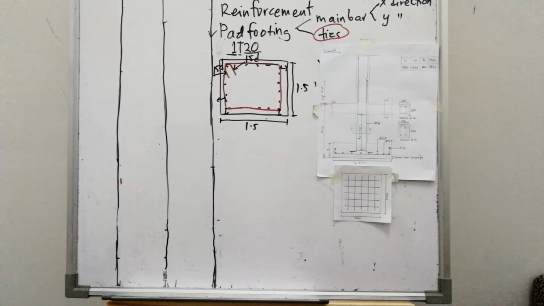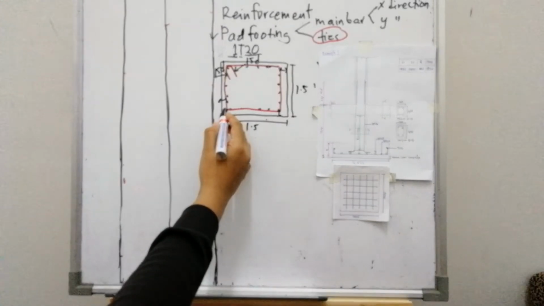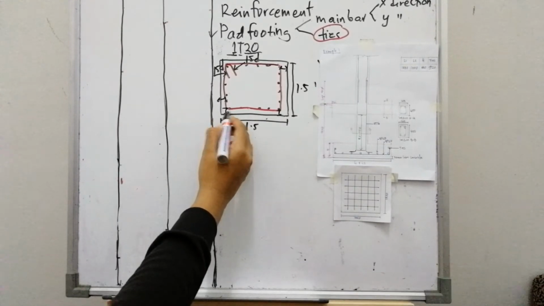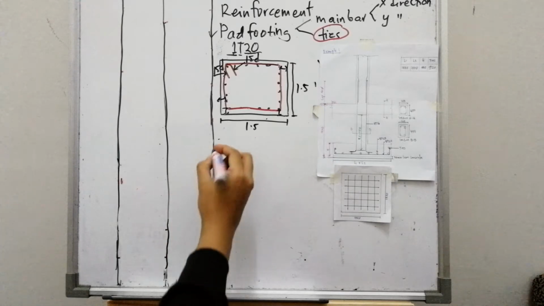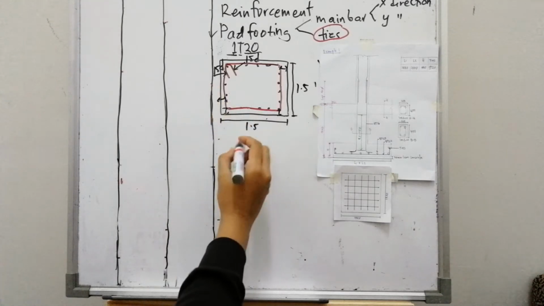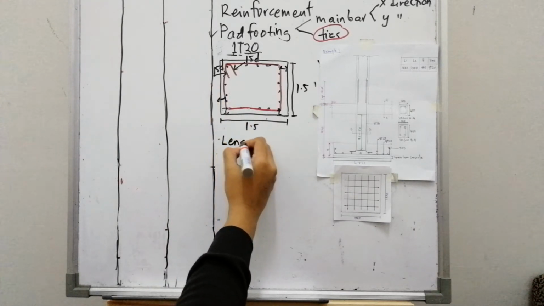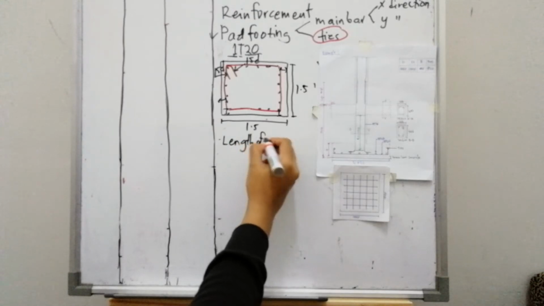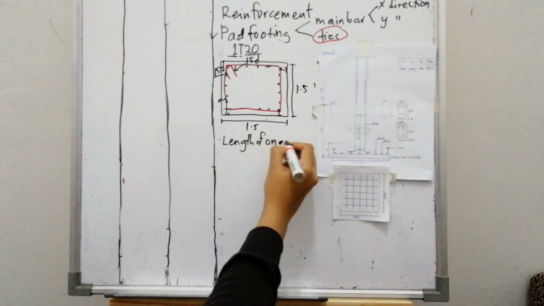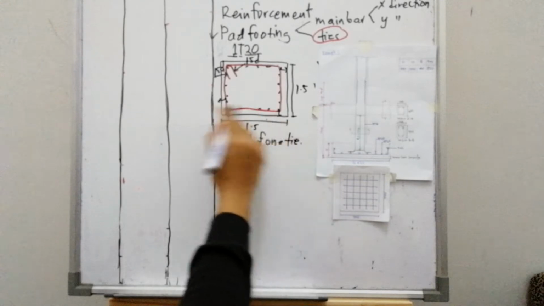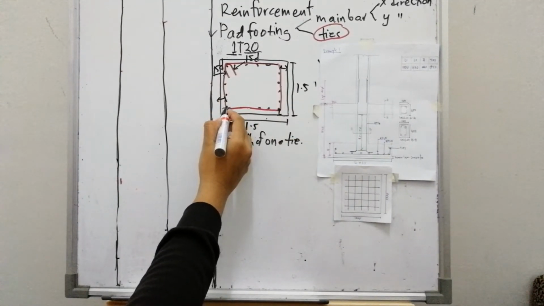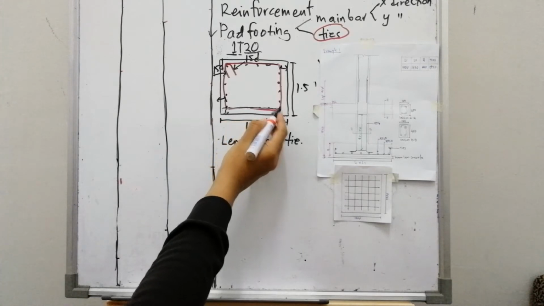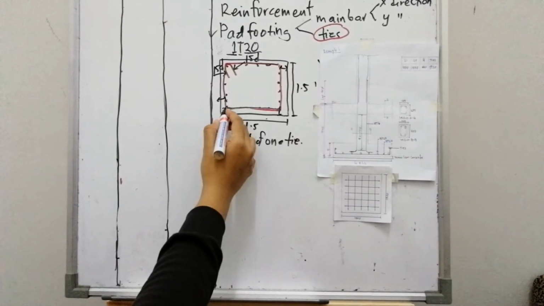So we take that into consideration in our calculation or in our taking off, right? So the idea now is we want to calculate the length of one tie, right? So we calculate this one, the length of this part.